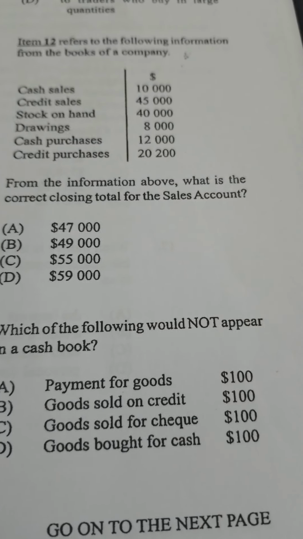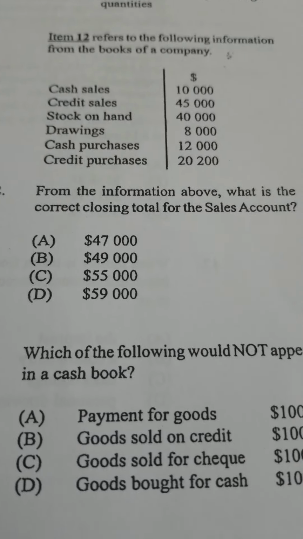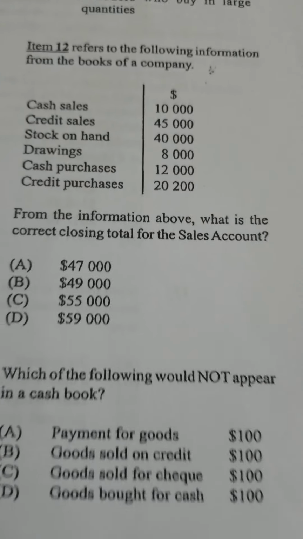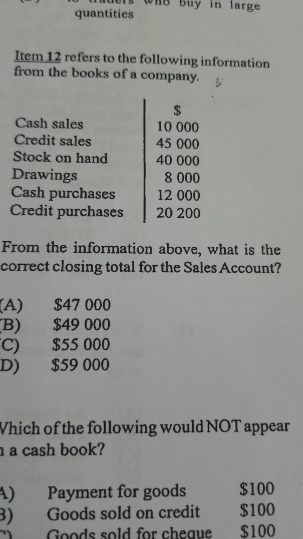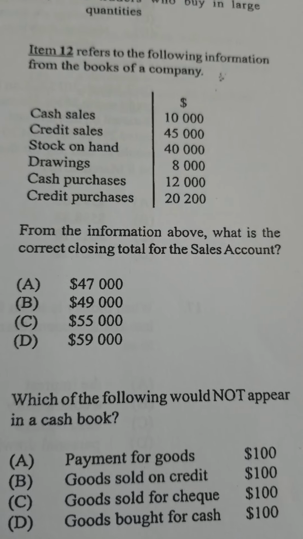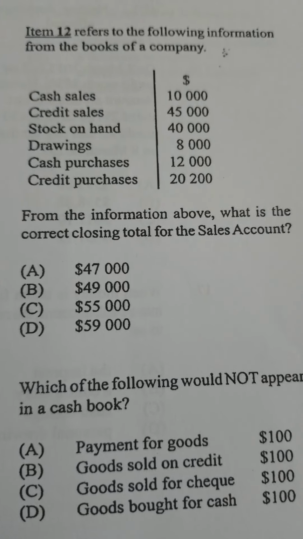Which of the following would not appear in the cash book? This question is now testing you on what you know about the cash book. All right. So which of the following would not appear in the cash book? All right. So we have a number of them there.